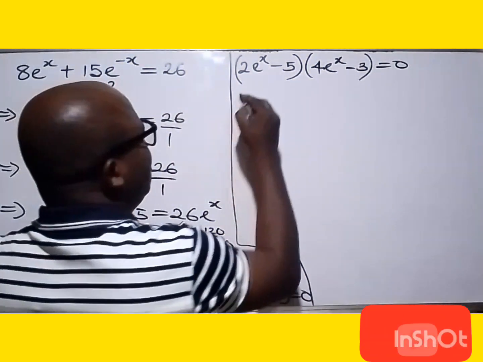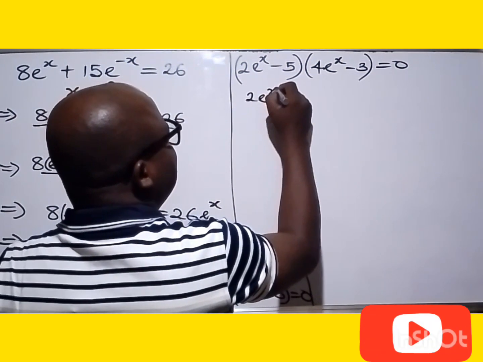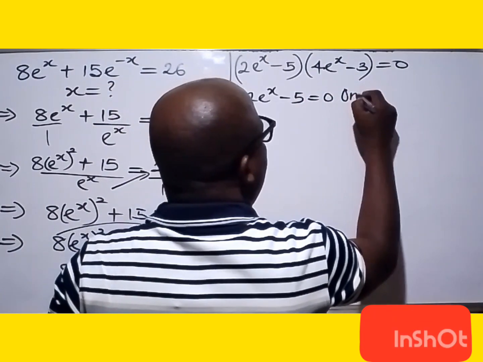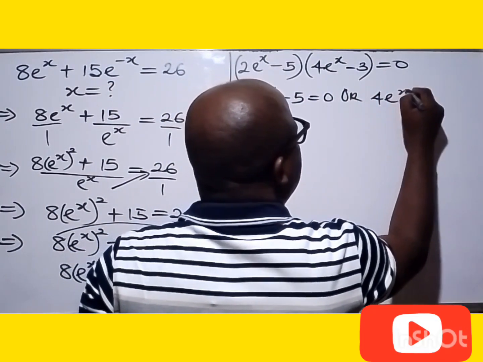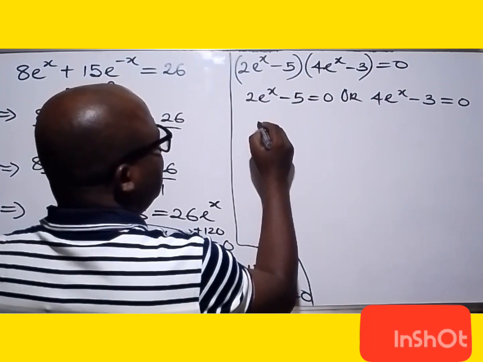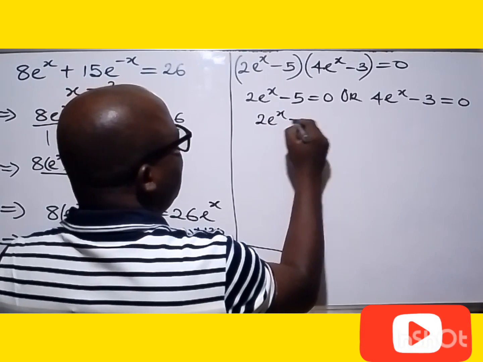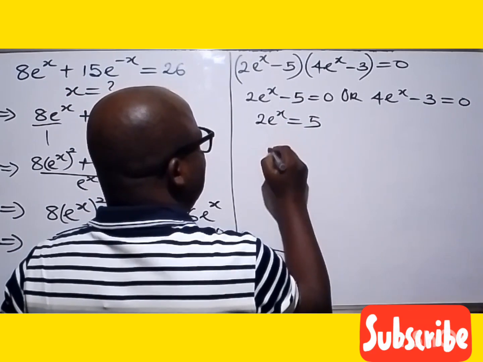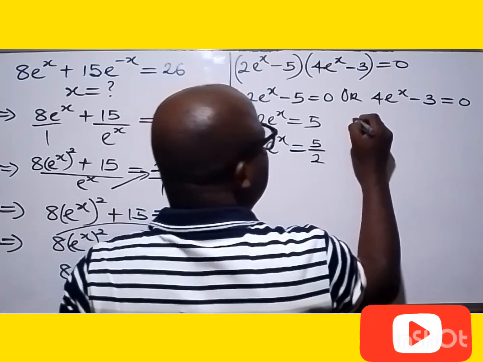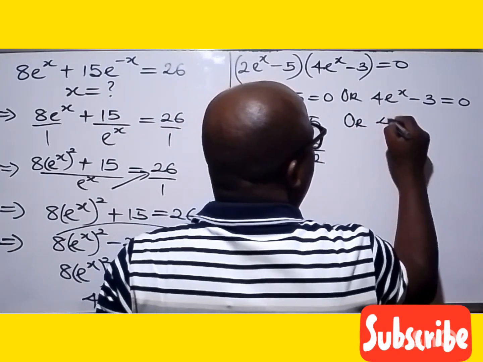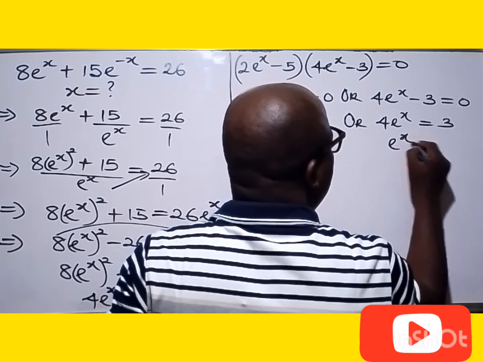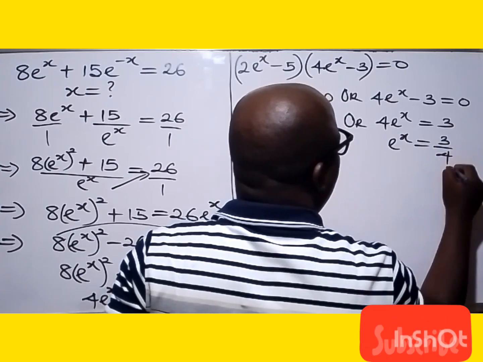We have 2e^x minus 5 is equal to 0, or 4e^x minus 3 is equal to 0. So 2e^x will be equal to 5, that means e^x will be equal to 5 all over 2. And here 4e to the power of x will be equal to 3, so e^x will be equal to 3 all over 4.